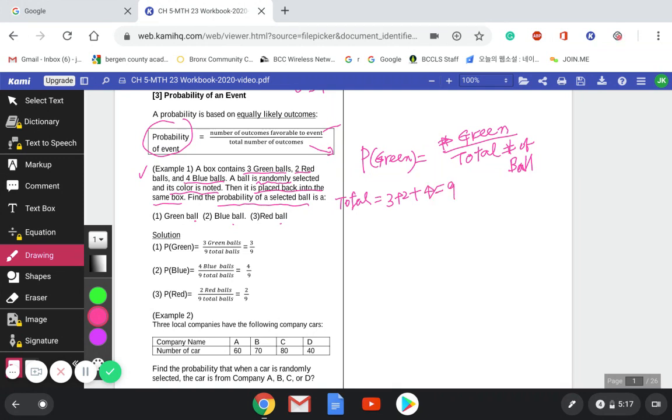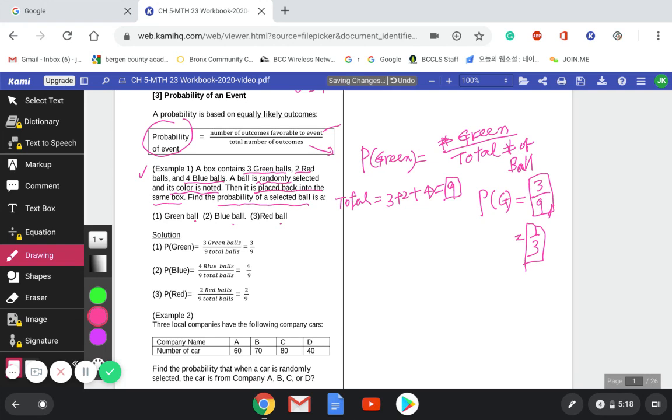So the probability of green, in short the probability of G, would be 3 green balls out of a total of 9. If you reduce it, it becomes 1/3 as the final answer. But for our purposes, we're just going to stop at 3 out of 9, to indicate that there are 3 green balls and 9 total balls.